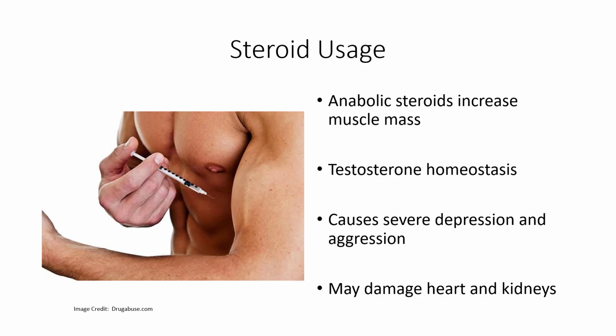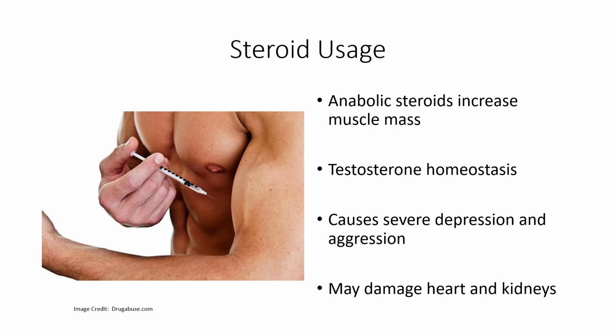Steroids aren't so much a disorder that may be genetic, like muscular dystrophy, or genetic or unknown, like fibromyalgia. Steroids are something people do to themselves, which can very quickly increase muscle mass. Anabolic steroids, as opposed to catabolic, where catabolic means breaking down, anabolic means building up. And these anabolic steroids build up muscle mass. This can affect testosterone homeostasis.